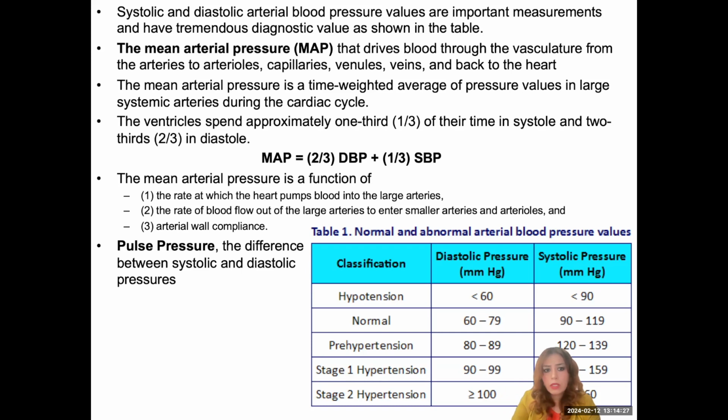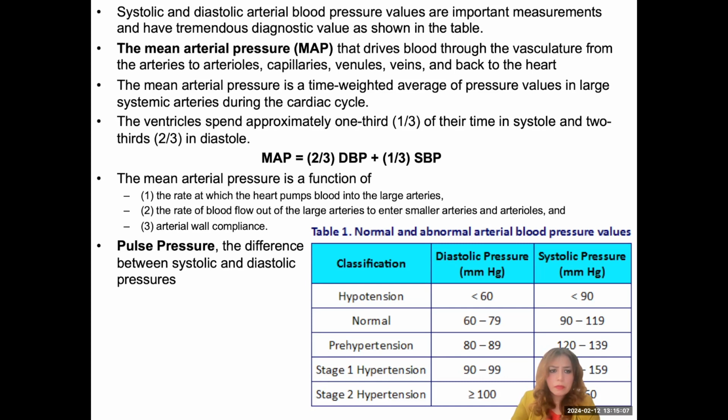If these values are smaller than normal, this is hypotension. Look at pre-hypertension values: diastolic pressure is between 80 and 89, and systolic pressure is between 120 and 139. Stage 1 hypertension and stage 2 hypertension values are also seen on the table, which are valuable for diagnostic purposes.